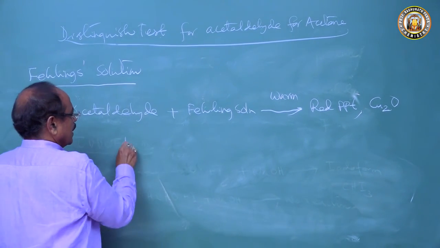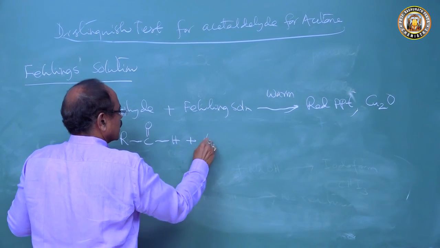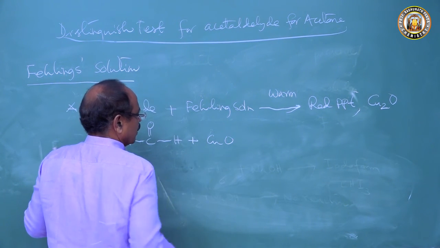If you take aldehyde RCHO, the Fehling solution supplies cupric oxide.